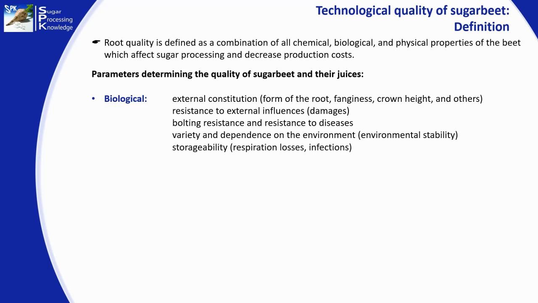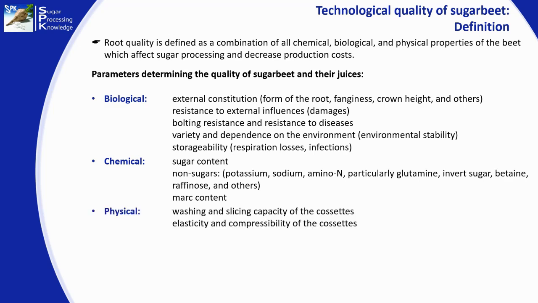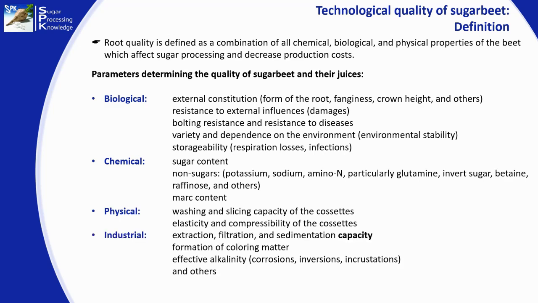The chemical parameters include sugar content, non-sugar content and marc content. As for the physical properties, we note the ability to wash and slice cossettes, and the elasticity and compressibility of cossettes. Finally, the industrial parameters include extraction, filtration, and sedimentation capacity, formation of coloring matter, effective alkalinity value and others.